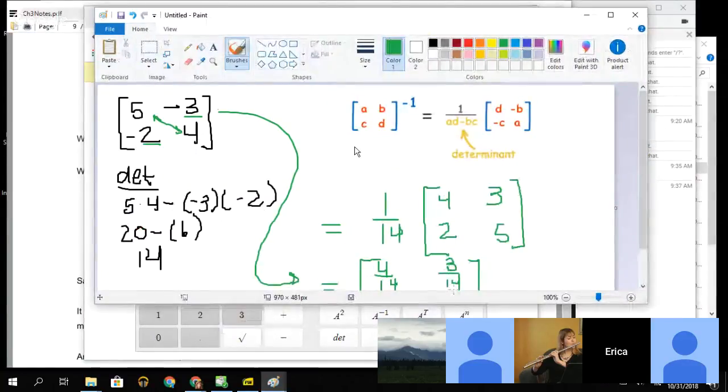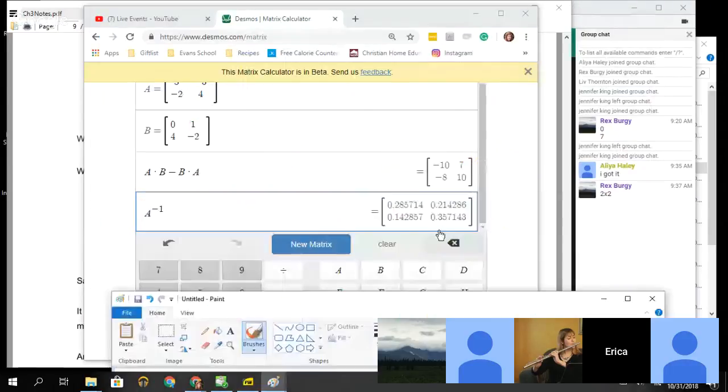What is 4 divided by 14? Let's see. 4 divided by 14 is 0.2857. So in my matrix calculator, I got 0.2857. So that worked out okay.